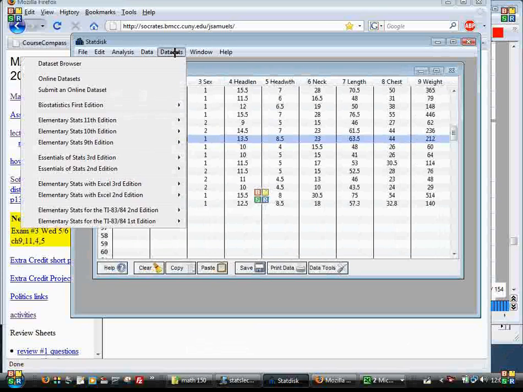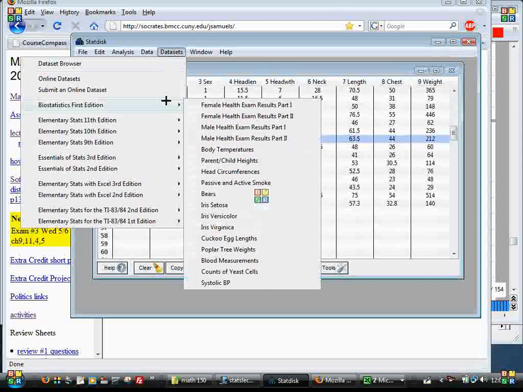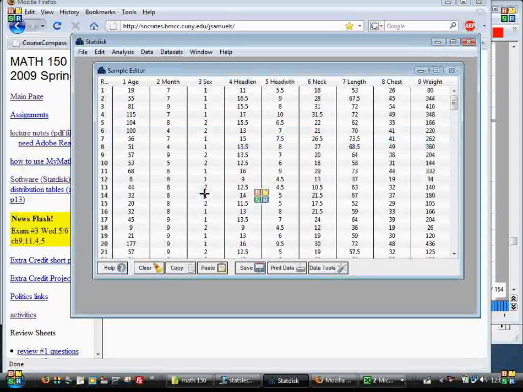Go to Datasets, and go to Biostat First Edition, that should be fine. And open up the set that's called Bears. So this is saving you the trouble of typing in 1,000 numbers. The data set's right here.